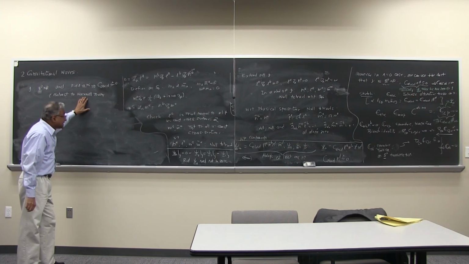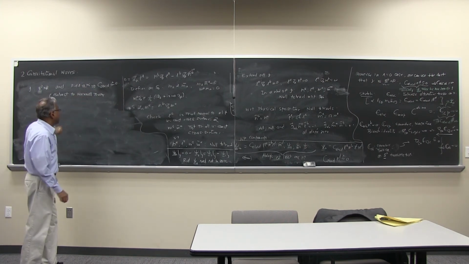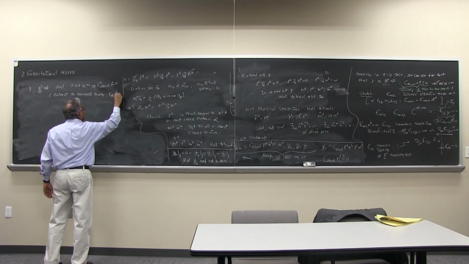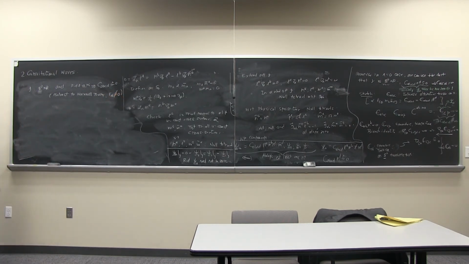But there are differences, namely in Yang-Mills theory or in Maxwell's theory, F_AB at scri is not equal to 0, and this in fact is the key field that we work with.